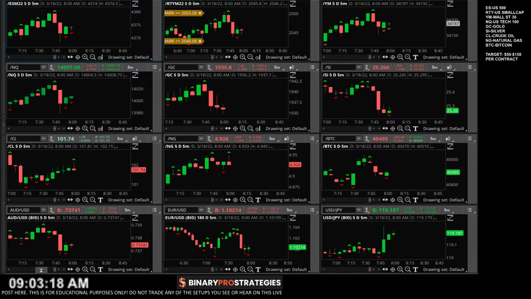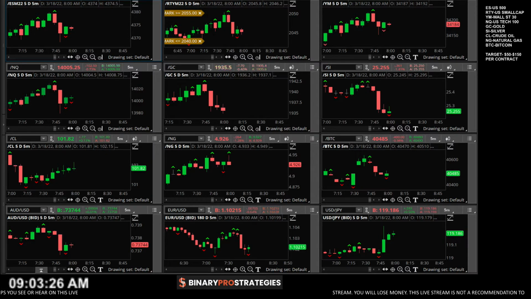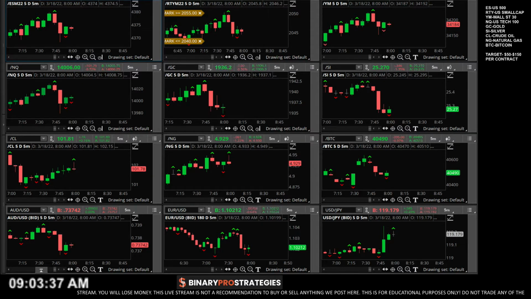All right, so I am getting a 77 short on a core setup on the Aussie US. A 77 short on the Aussie US. Once again, we do look for it to close below 77. These trades only last 5 minutes. We're trading a 5-minute binary.